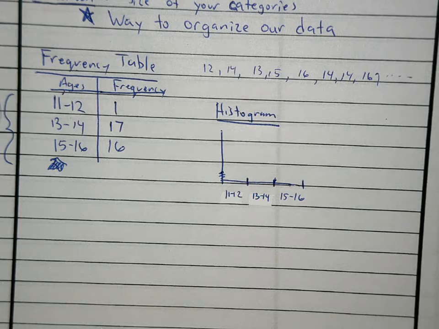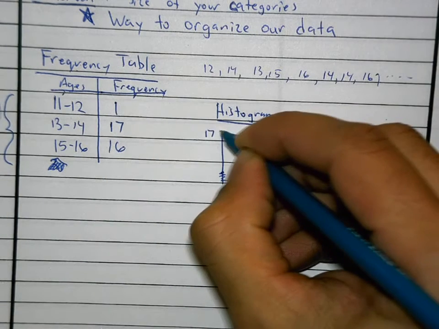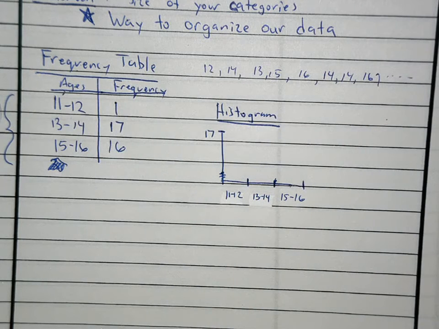You can make the top 17. You could go by tens. You can go by fives. It doesn't matter. Just make it easy on you. For me, what I'm thinking is that I might put 17 right here at the top, right, that line. Okay? I'm making it nice and easy.